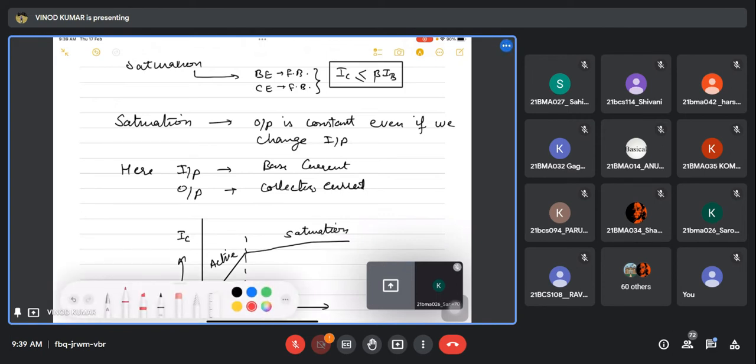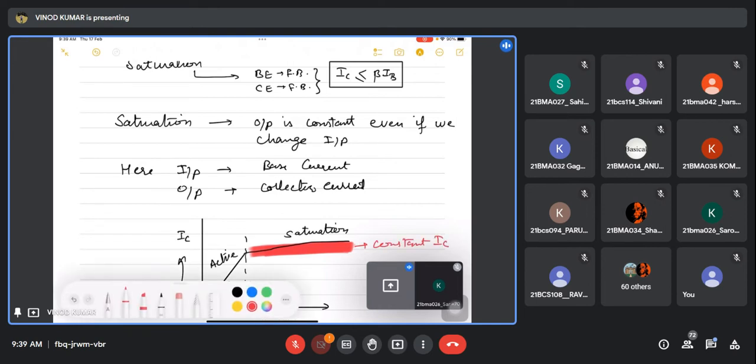Okay. So this is the saturation region here, because here output is IC, which is constant.